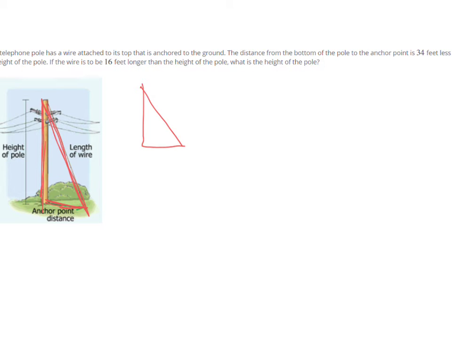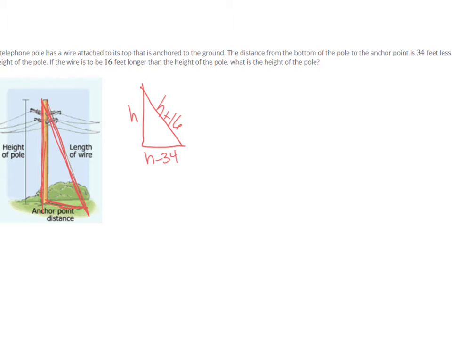So I'm going to make that be the height, and then this is going to be the height minus 34. If the wire is to be 16 feet longer than the height, okay, so that would be h plus 16. What's the height of the pole?